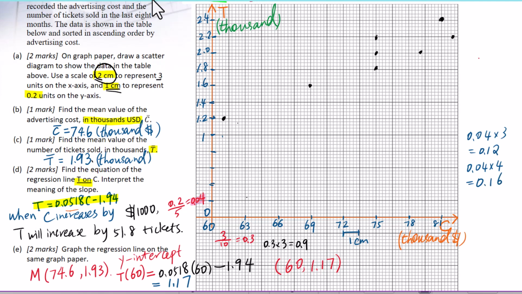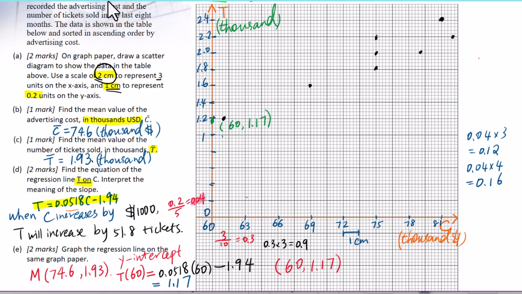From 1 we go up 4 units. Label 61.17. For mean, 74.6.